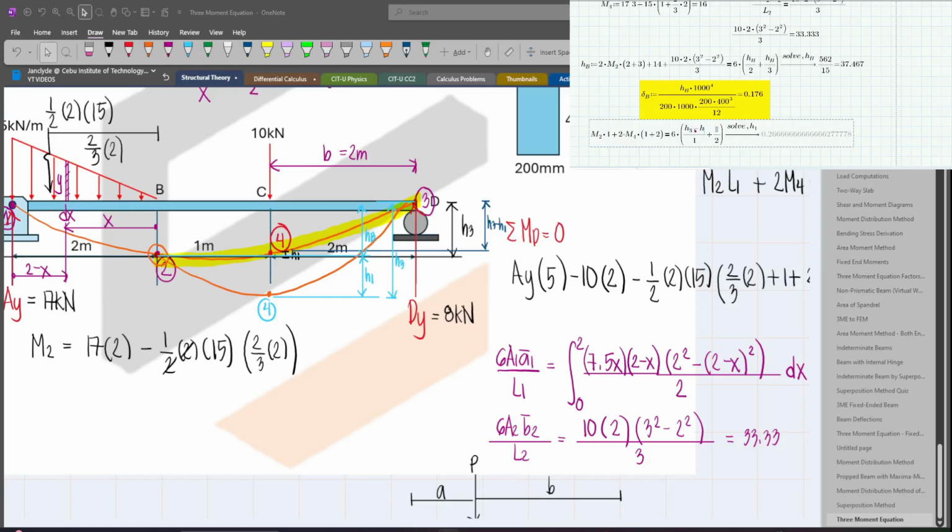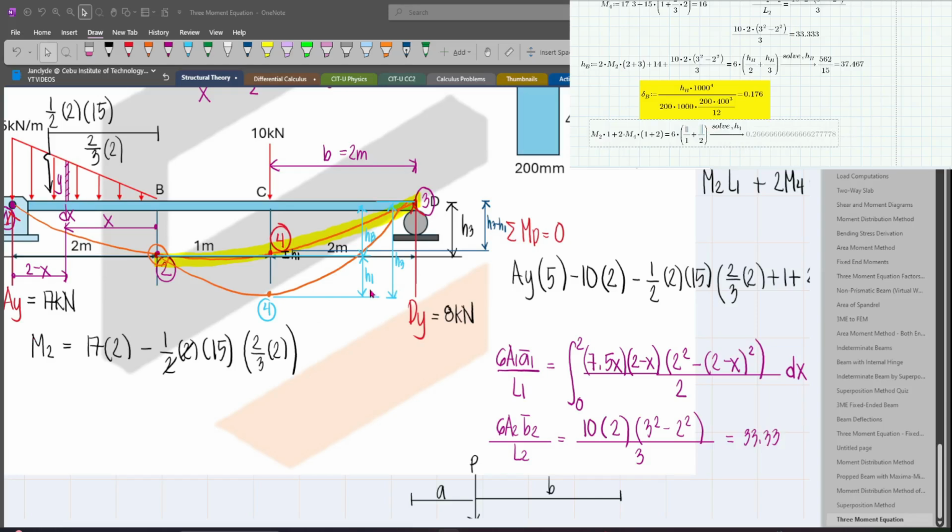Minus H sub B. And then our sign is positive because 0.4 is below 0.2. Then for the other side, we have H3. Then for the other side, from point 3 to point 4, we have h sub b plus h sub 1.